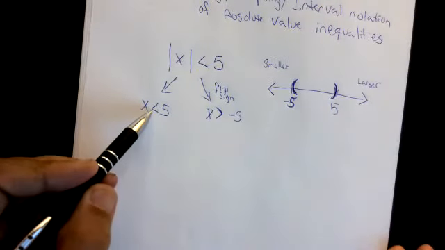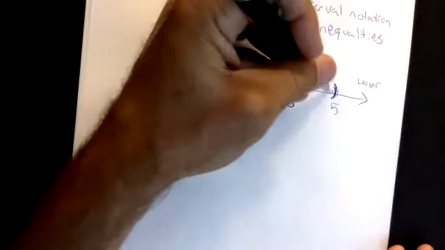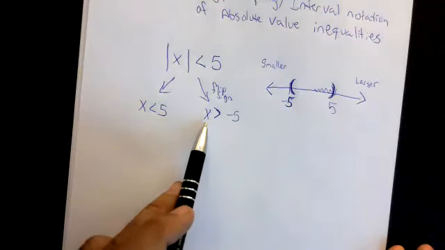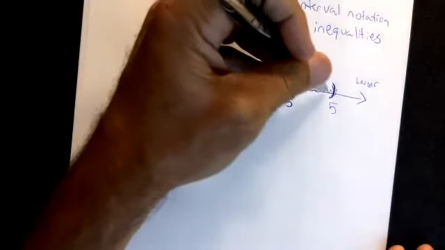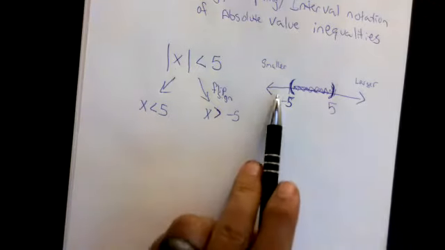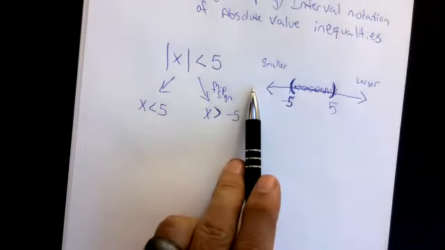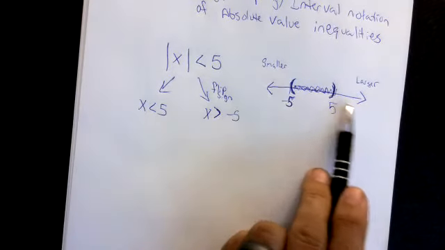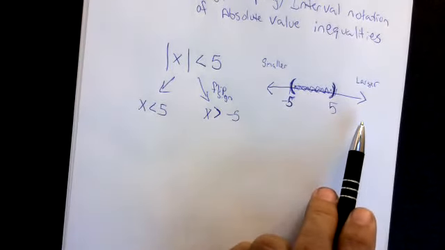In this case, we want everything less than 5, which would be over here, and greater than -5, which would be everything in here. So we're talking about all of the numbers in between -5 and +5. Anything smaller than -5 is no good. Anything bigger than +5 is no good.